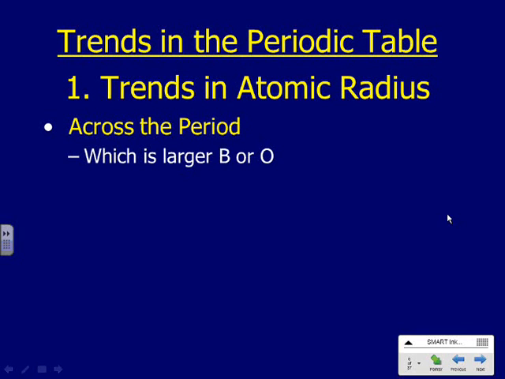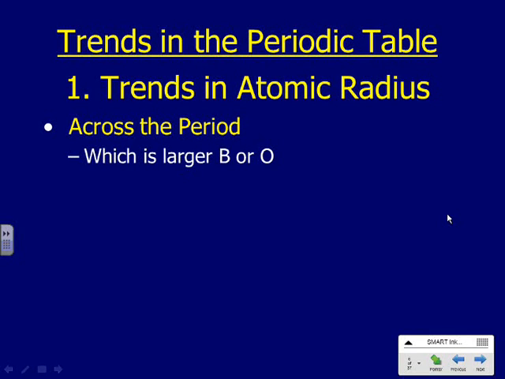Which is larger, boron or oxygen? When we move to the right across the periodic table, the number of protons is going to increase with the same number of orbits. This results in a stronger electrostatic force on the valence electrons. Which of my atoms has the strongest electrostatic force on its outer electrons, boron or oxygen?